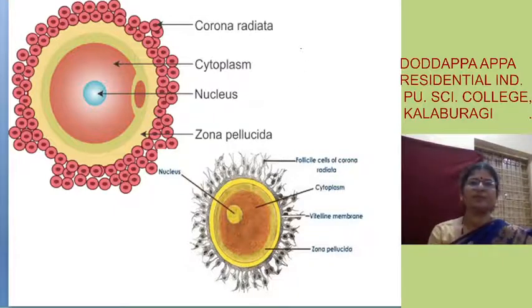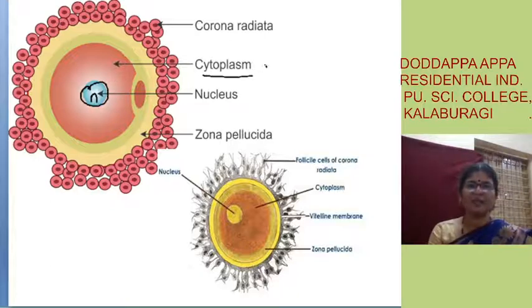Structure of the ovum, here you can see the cell layers clearly. See here you will see the female haploid nucleus, which has the female genetic material and is haploid in nature, and you will see the cytoplasm. I am going from inside out.